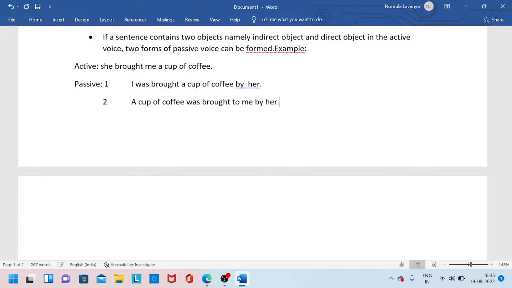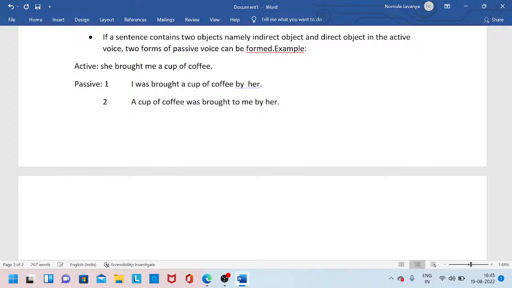So as I said, in a sentence containing an indirect object and a direct object, in the active voice two forms of passive voice are formed. So this is how it is.